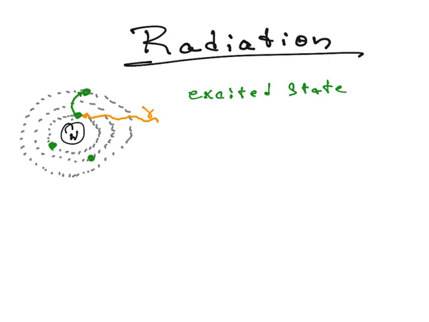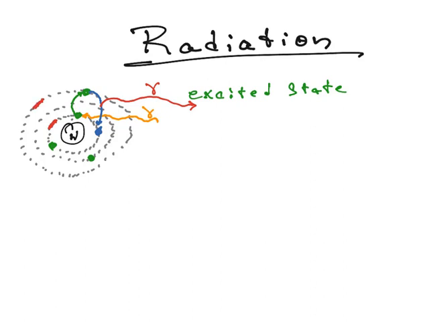So eventually, that electron will crash back down to its lower energy state, but in doing so will give off some energy. The amount of energy it gives off is equal to the energy gap, the formal word, the energy difference between the original state and the new state it gets to.